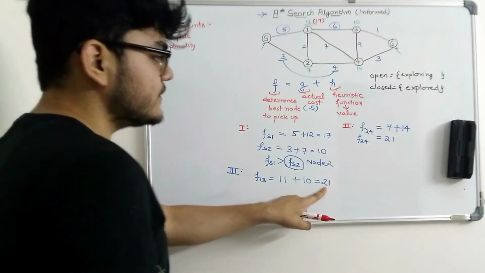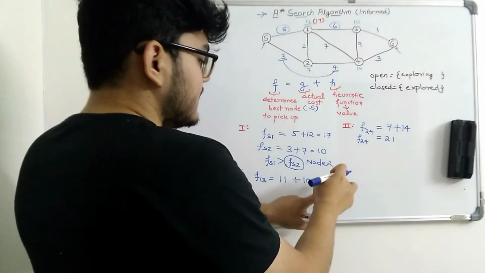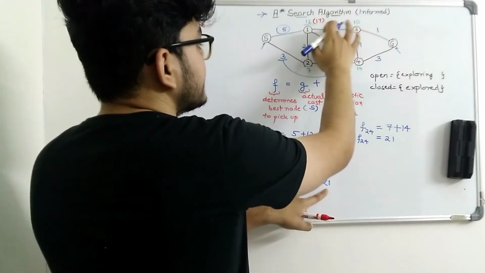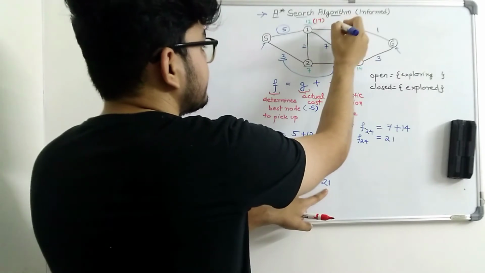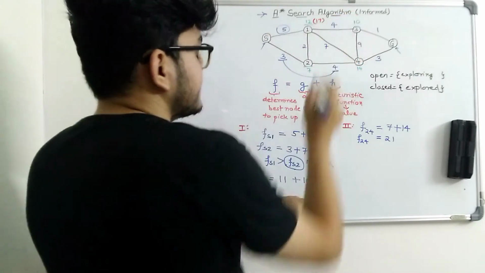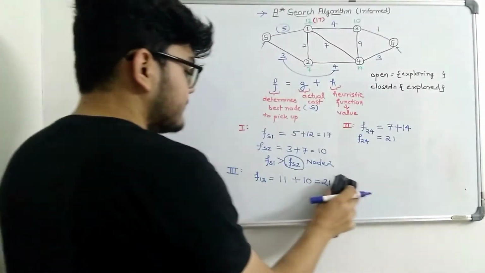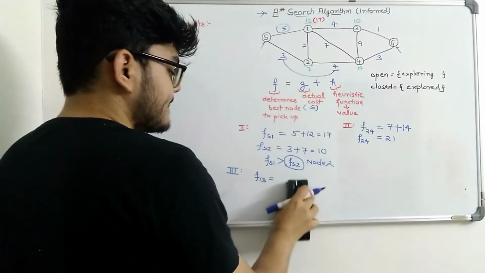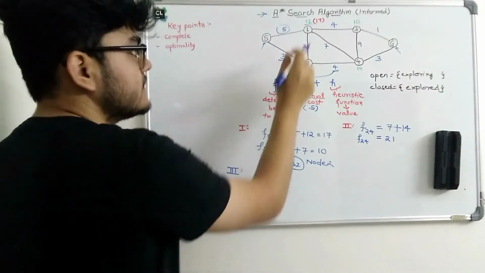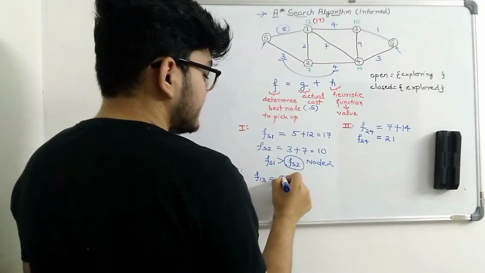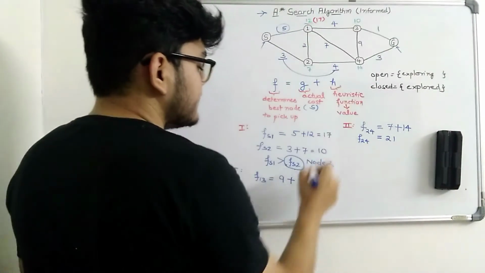Now what I am going to do here is, instead of making it 6, let's make this one 5, or let's say I will write it as 4, so that I can explain a very important concept here. So f of 1 to 3 will be 5 plus 4, which is 9, and the heuristic value is 10.